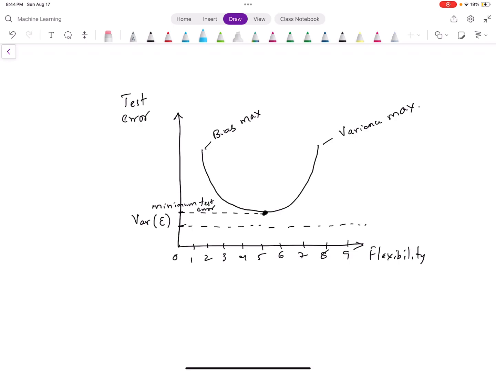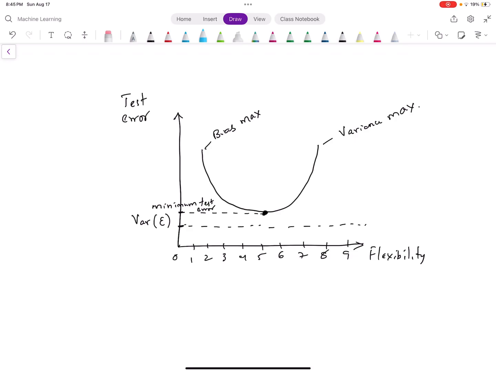For such a model, the bias is high and the variance is low. Similarly, for higher flexibilities of the model, that is, higher degrees of freedom, the bias is low, whereas the variance can be very high.